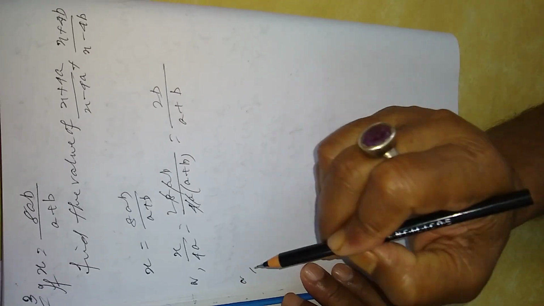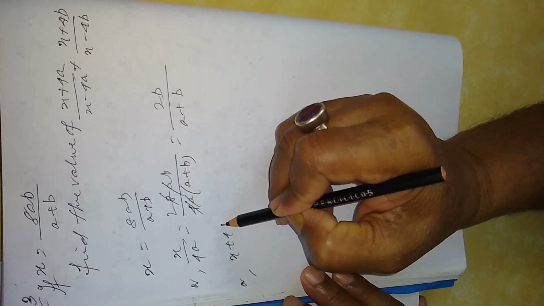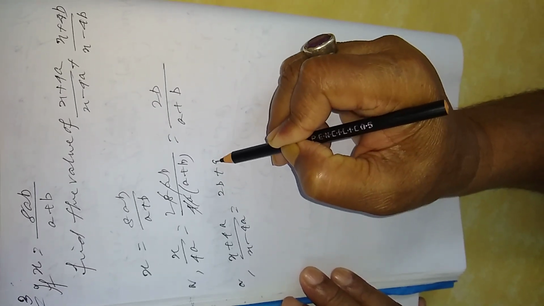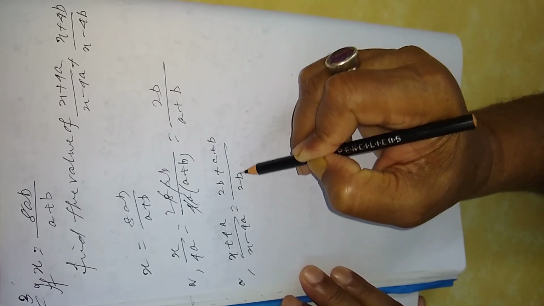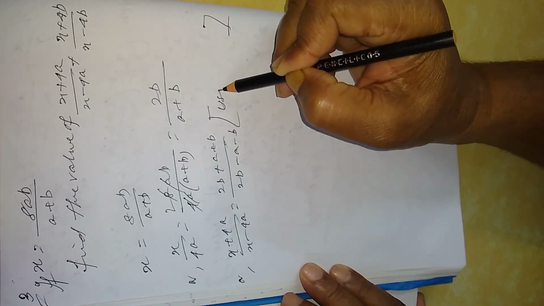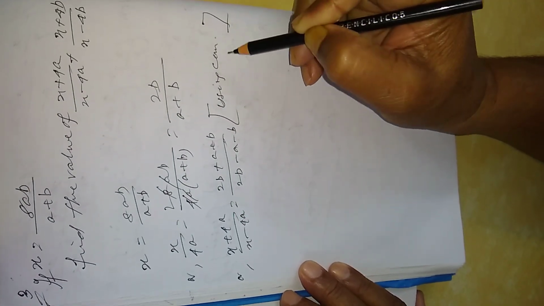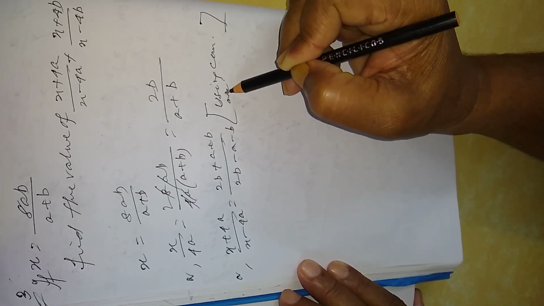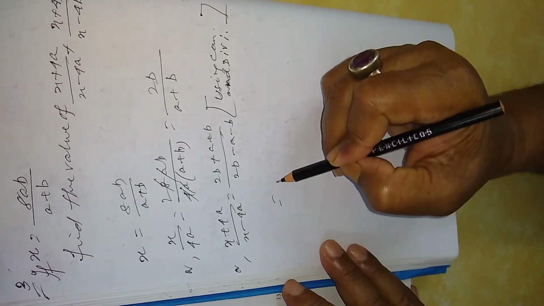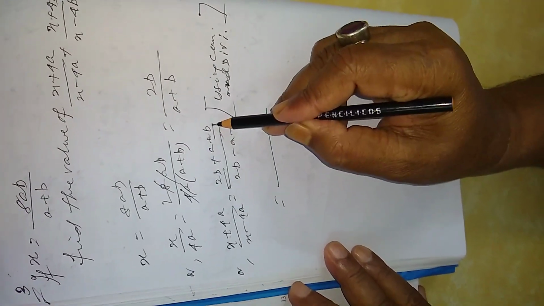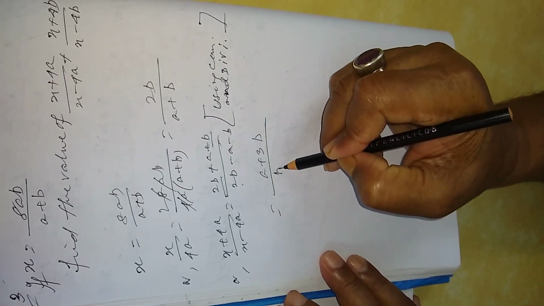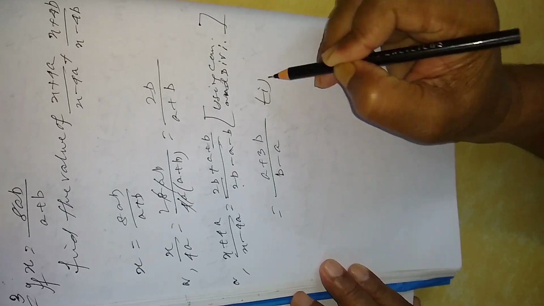Now using componendo and dividendo, x plus 4a by x minus 4a is equal to 2b plus a plus b divided by 2b minus a minus b. In short form, it is equal to 2b plus b, 3b, that is a plus 3b, 2b minus b, that is b minus a, equation number 1.